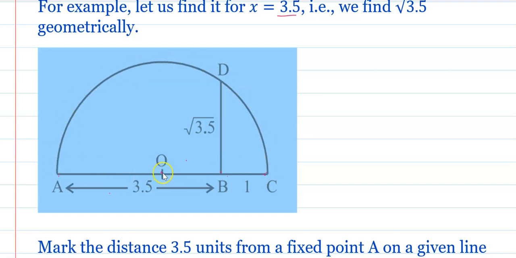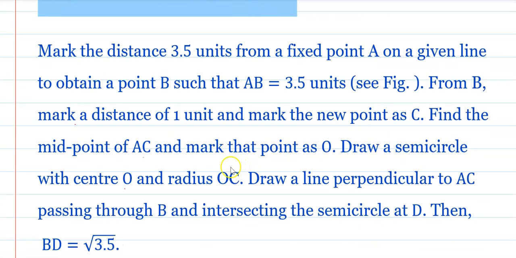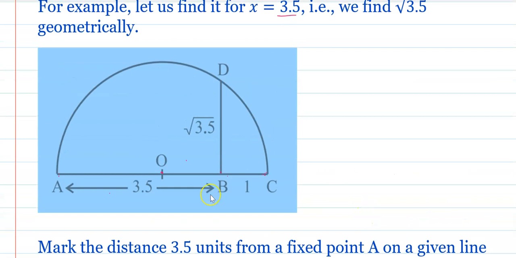Draw a line perpendicular to AC passing through B and intersecting the semicircle at D. Now from this point B, draw the perpendicular, and it intersects the semicircle at the point D.